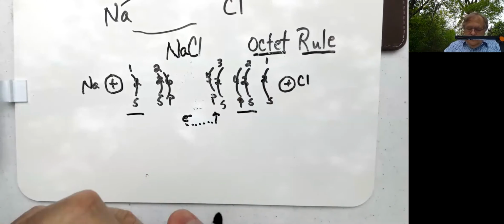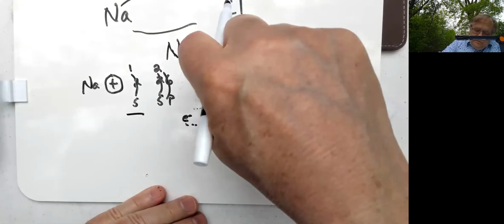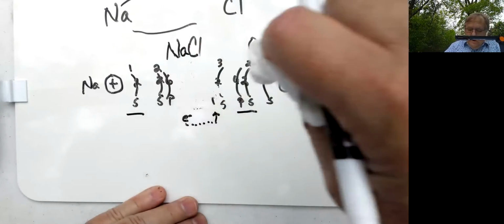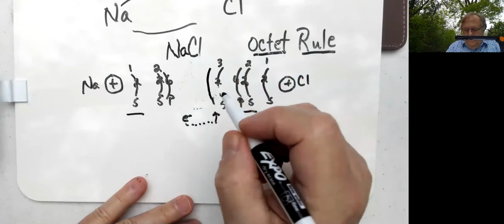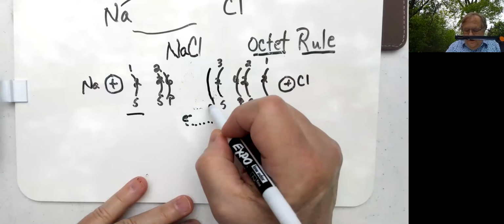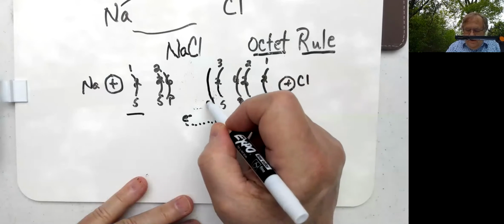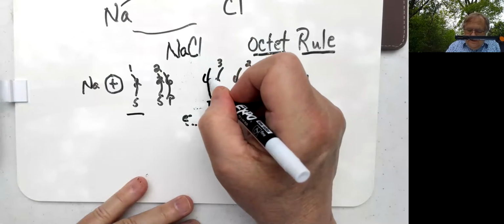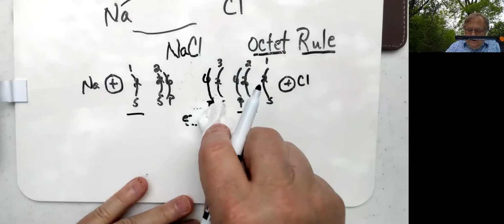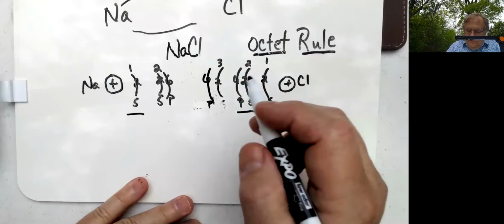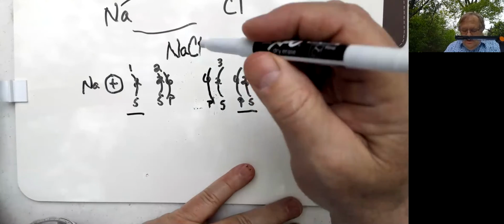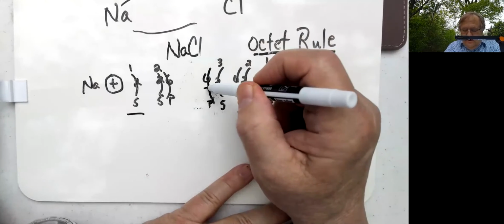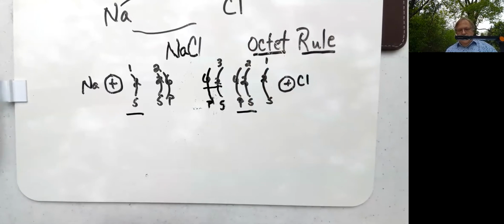And let's see if I can erase that without causing too much damage. Okay. So there is 3p. It now has 6 electrons in its outer shell. And if you refer back to your 2nd grade arithmetic, you can see that 6 and 2 add up to be 8.